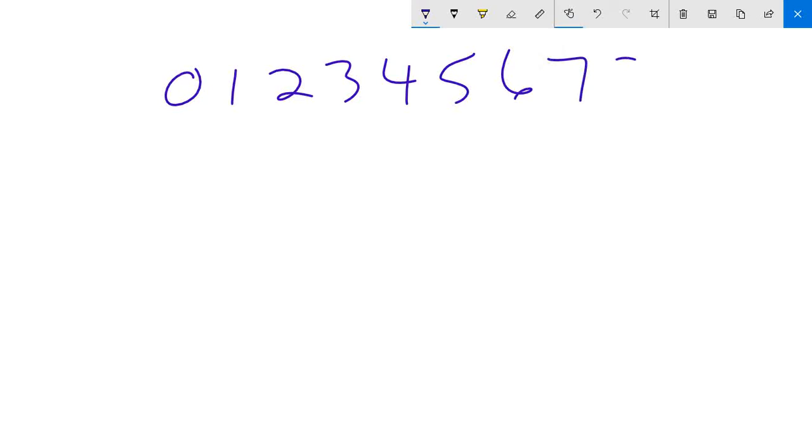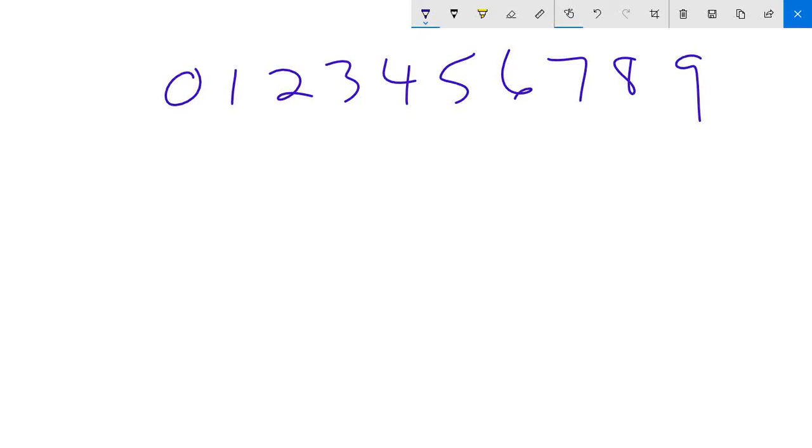Now, the base 10 number system, we know to count, we have 10 digits. We have 0, 1, 2, 3, 4, 5, 6, 7, 8, and 9. And we use only those digits, and with those digits, we can make any number.